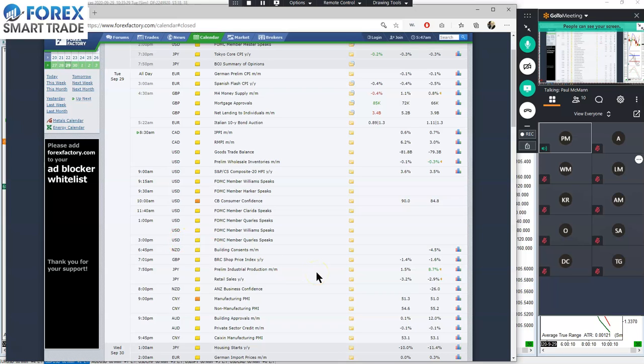There are 10 news items. Now they're all low impact, but together they could have an impact. So we want to be a little bit careful trading on the US dollar today, because we've got all of these low impact items, but when you add them together, there could be an impact. And there is one school of thought.